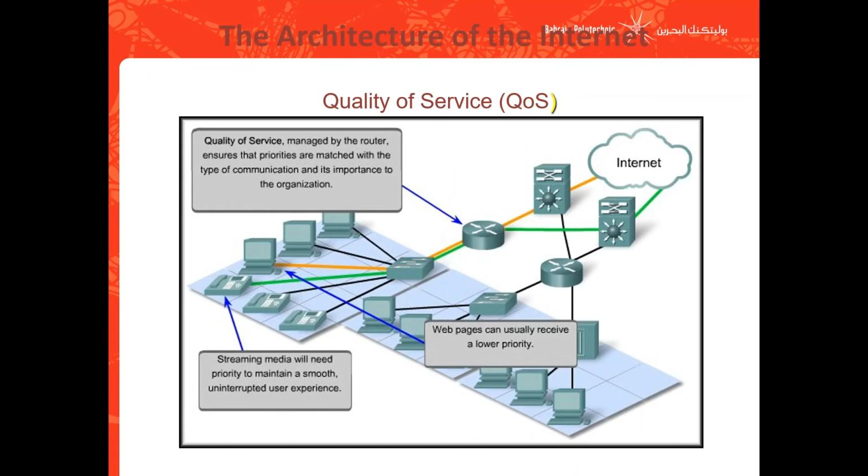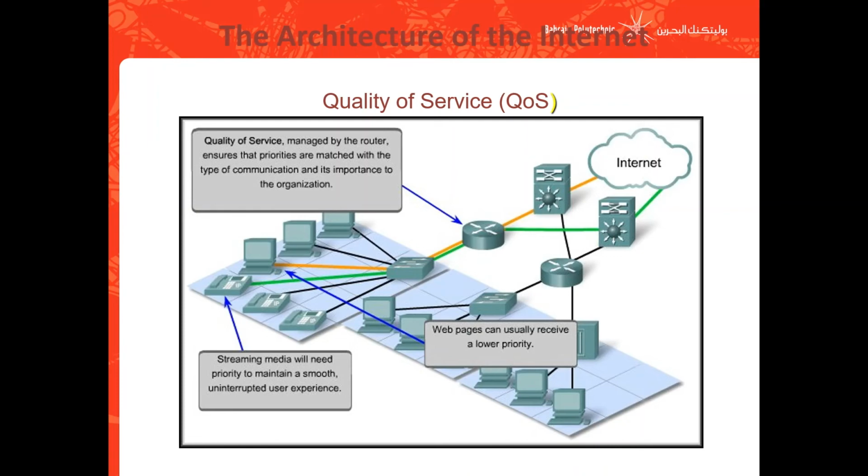Because we have a converged network, remember, which allows everything, streaming, broadcasting, telephone networks, all in the same network, we need to be able to manage that traffic. So we can say that if streaming is required by this company, it should have the highest priority. Everything else should have a low priority. In that way, when streaming traffic comes in, it's given the priority to exit first. Just imagine it that way.